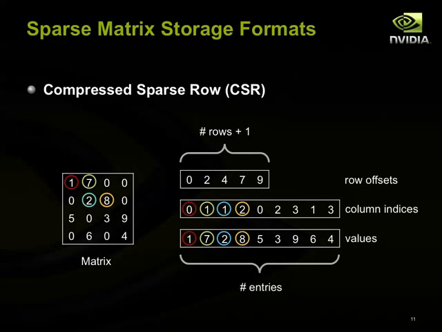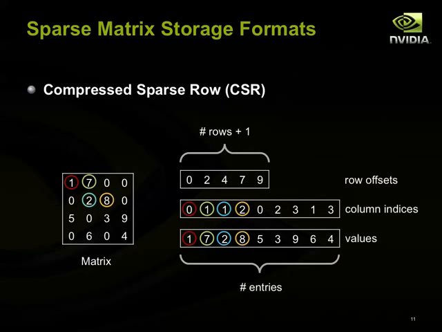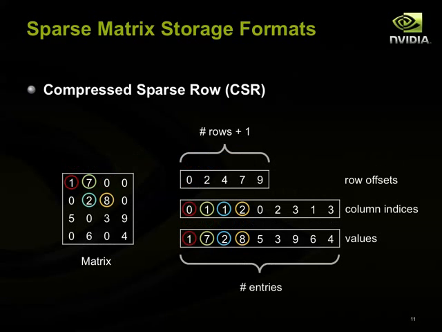An improvement on this, which is called the compressed sparse row format, or CSR, looks very similar. If you look at the difference between these two, the column indices and values arrays are exactly the same. All we've done is optimize the row indices by doing a compression on them, essentially a run-length compression.